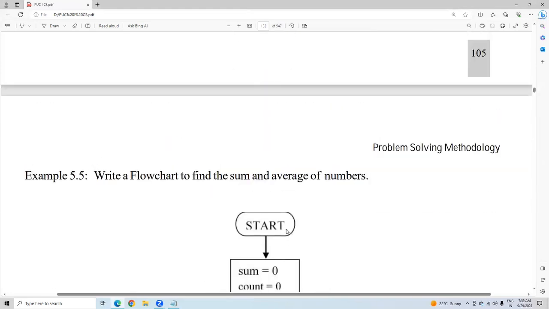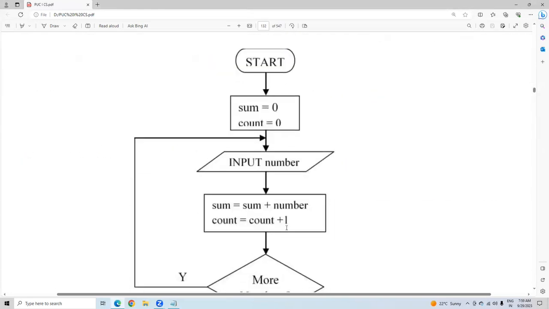Similarly, finding sum and average of numbers. So for this, before I ask a number, for example, if I say 5, you have to calculate sum of all numbers from 1 to 5, because I said number as 5. 1 to 5, all numbers sum should be calculated.